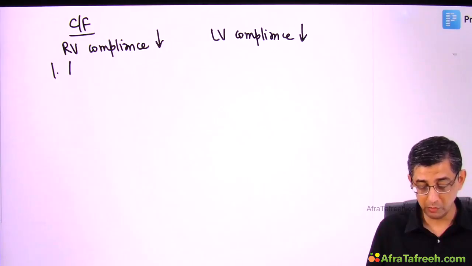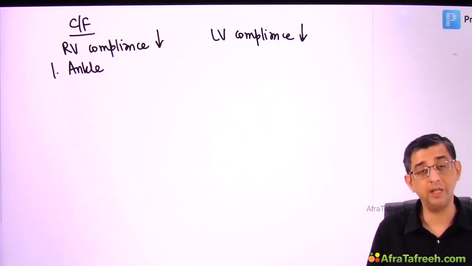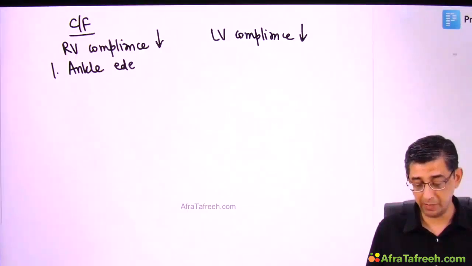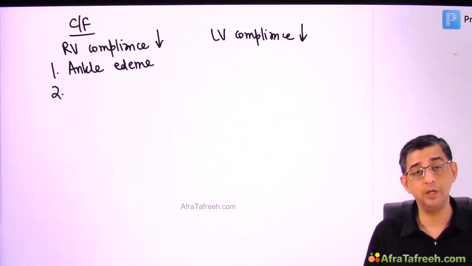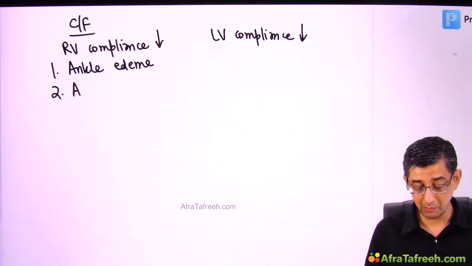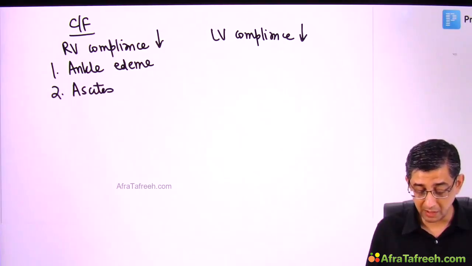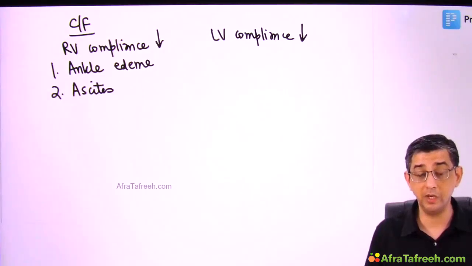Well, first and foremost, since the venous return to the heart is getting hampered, the patient will have a pitting variety of pedal edema or ankle edema. Even in these patients, there can be development of ascites. In fact, the question might start by describing ascites, and that might make you start thinking in terms of portal hypertension.